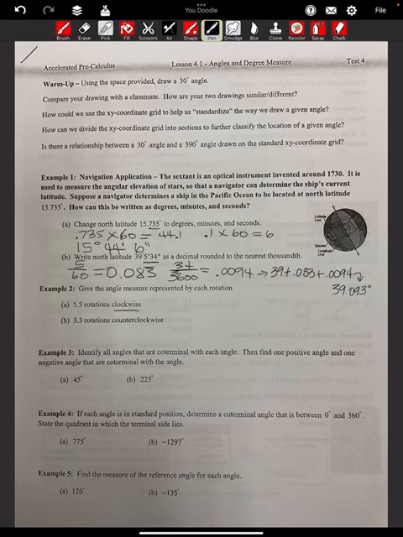So when we do that, we wind up with 0.0094. All right? So now what we're going to do is add. I'm going to draw a little arrow here.